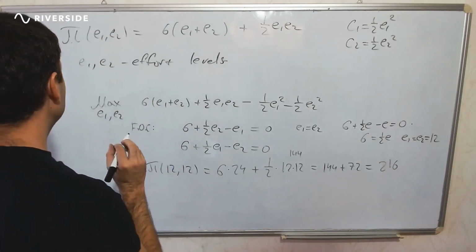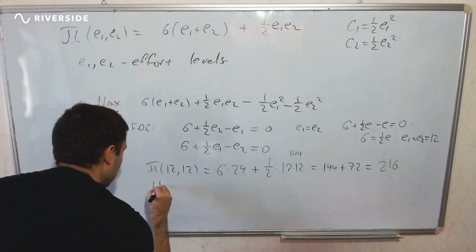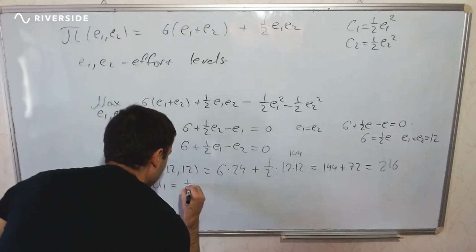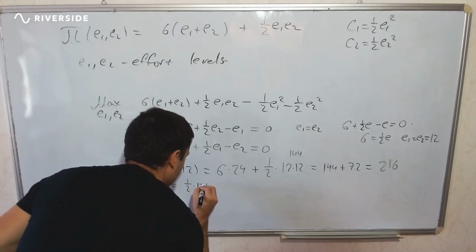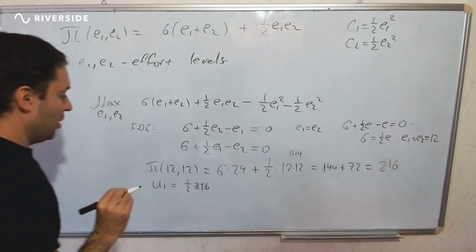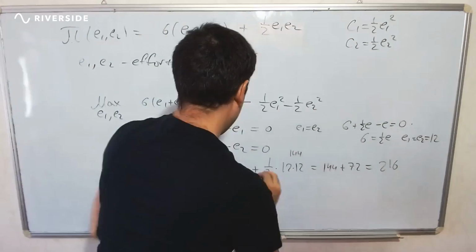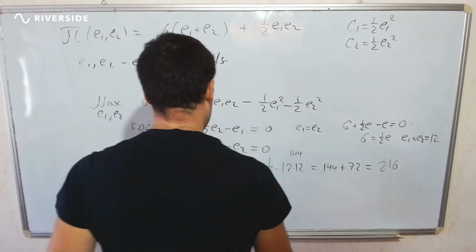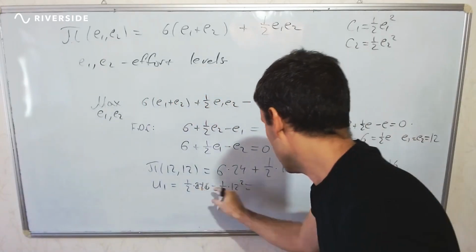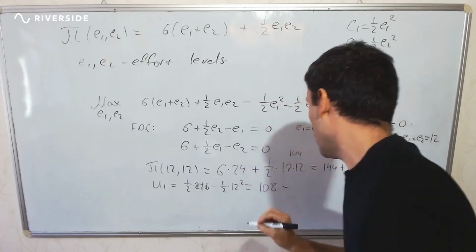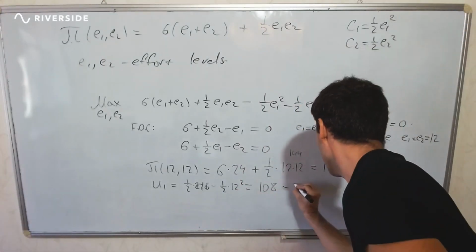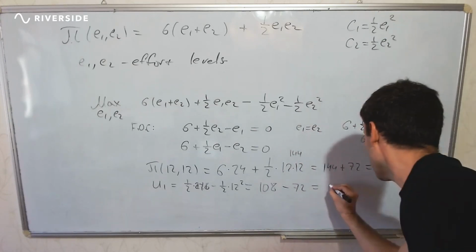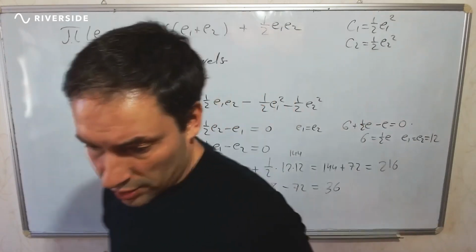Now for individual utilities: the utility of agent 1 will be 50% of profit, so he gets 1/2 of 216, and he incurs a cost of 1/2 times 12 squared. So that's 108 minus 72, which is 36.